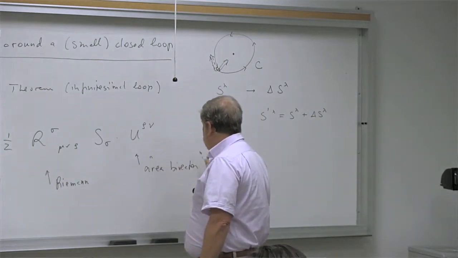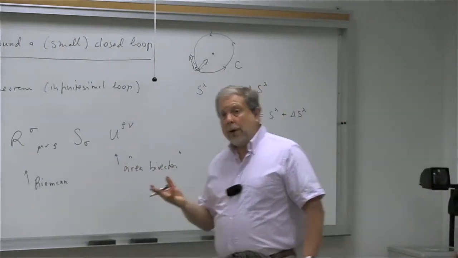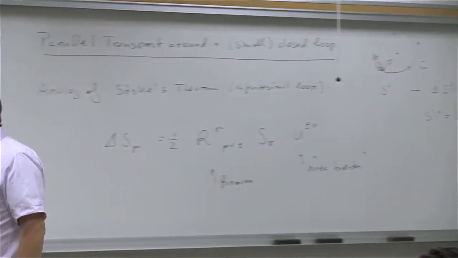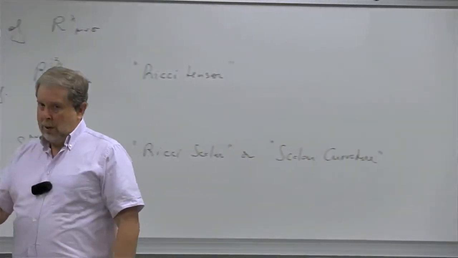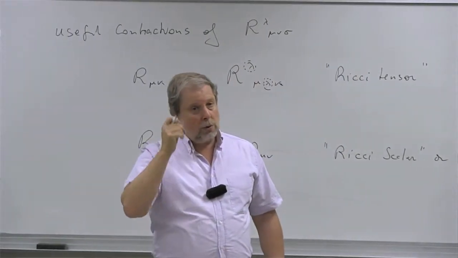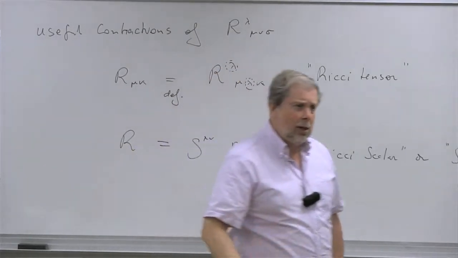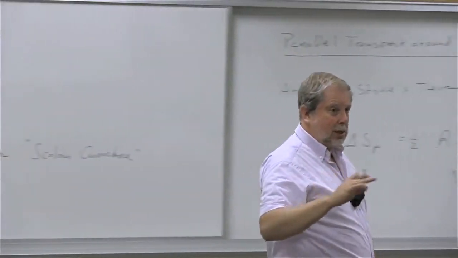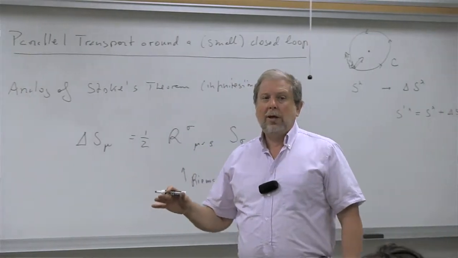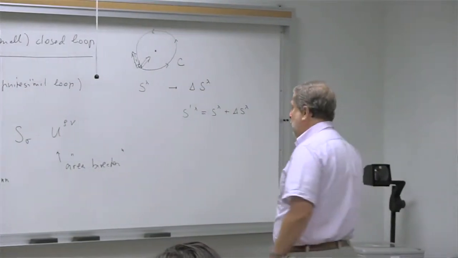The area bivector. And that is because we are in 4 dimensions, right? In 3 dimensions, if you're looking at an area element, there is a normal which is perpendicular to it. If you do it, of course, in 4 dimensions, there are 2 normals to it. There are 2 directions. If you have a surface, it's a 2-dimensional manifold, and so perpendicular to that, there's not 1 direction, but there are 2. That's why you have 2 indices.